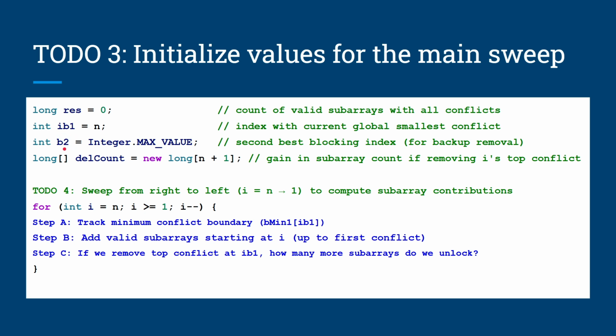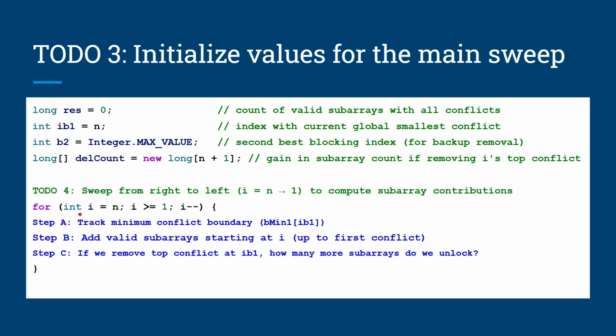And this is the second best blocking index for backup removal, and we'll use an array called delete count, with the same length n plus 1, and it will gain in subarray count if removing the top conflict. Then we have to sweep from right to left, starting from i = n minus 1, to compute the subarray contribution.